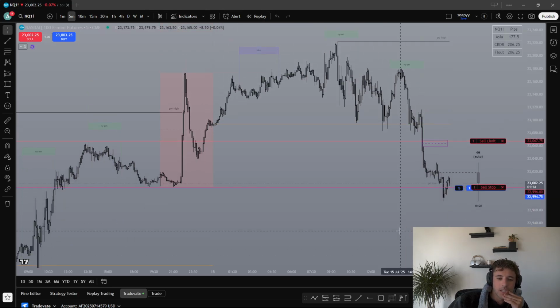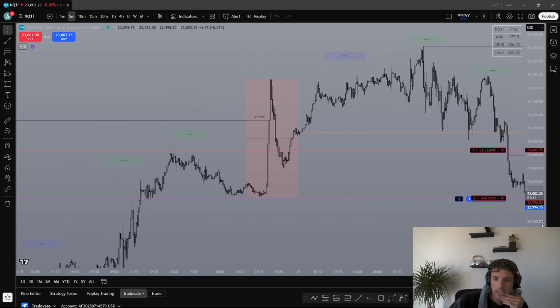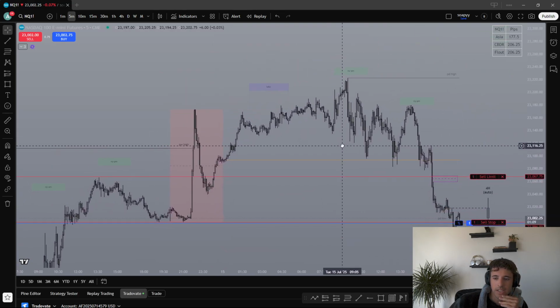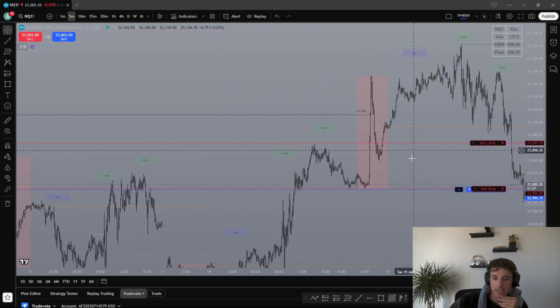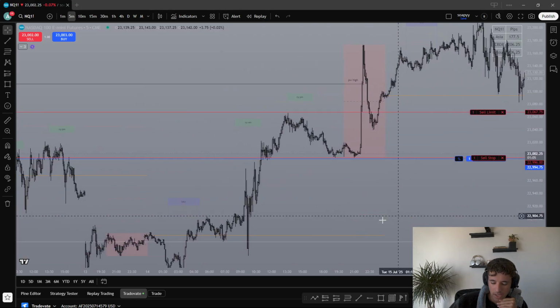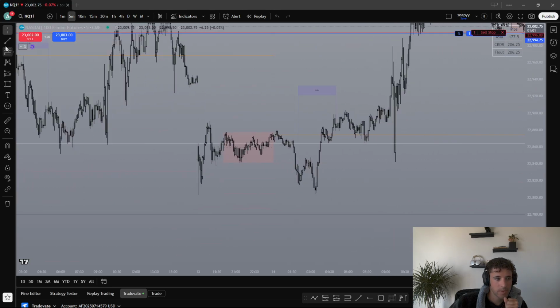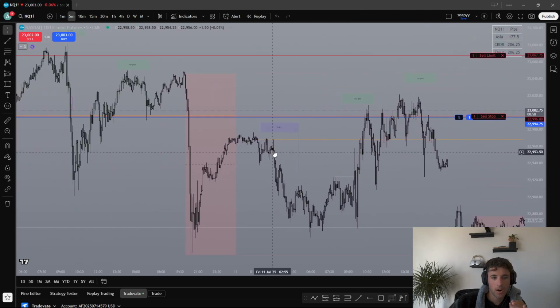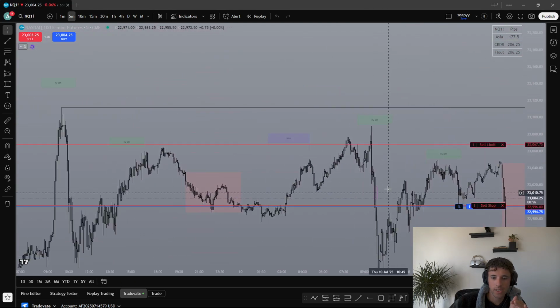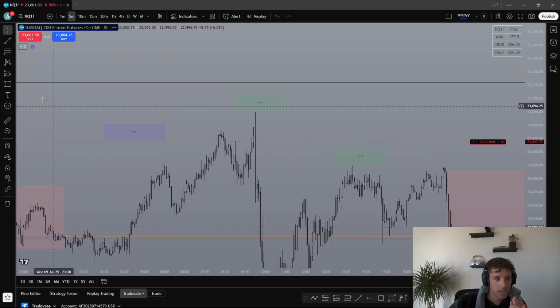Let's see. Liquidity. This is what you do every morning, that top-down analysis. Liquidity is something you should definitely be able to identify. It's prominent highs and lows. I want you to practice the two things that your homework is going to be: identifying liquidity and identifying imbalances.